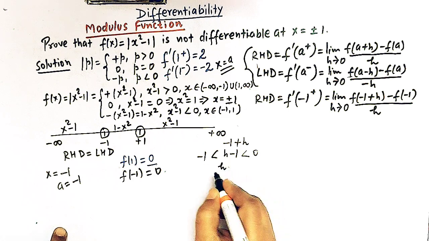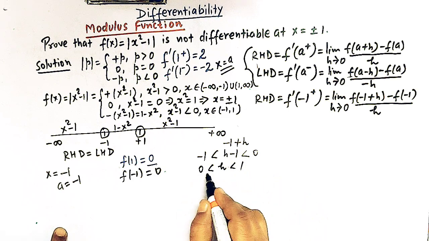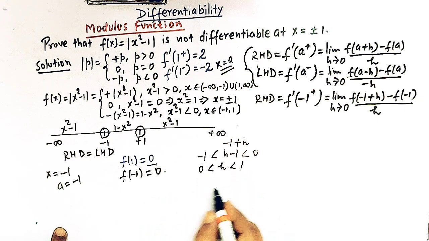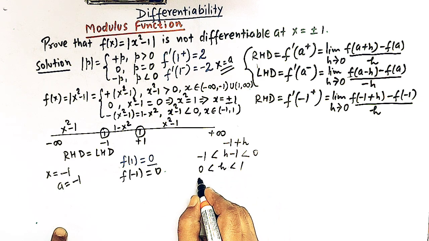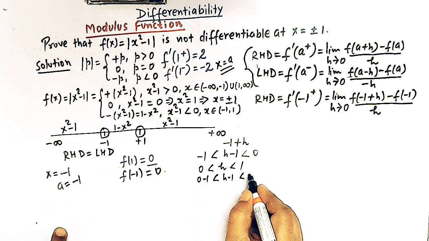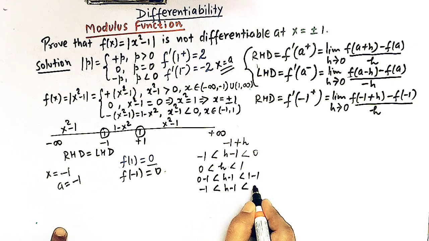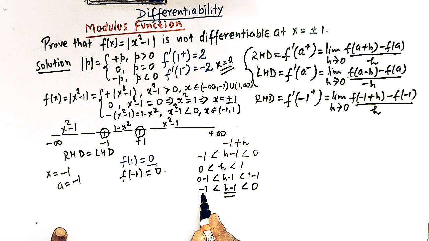Now see, h is greater than 0 but less than 1. So if we subtract 1 throughout this inequality, then we have here 0 minus 1, here h minus 1, and here 1 minus 1. So this is minus 1, this is h minus 1, this is 0. So h minus 1 is greater than minus 1, but it is less than 0, right?